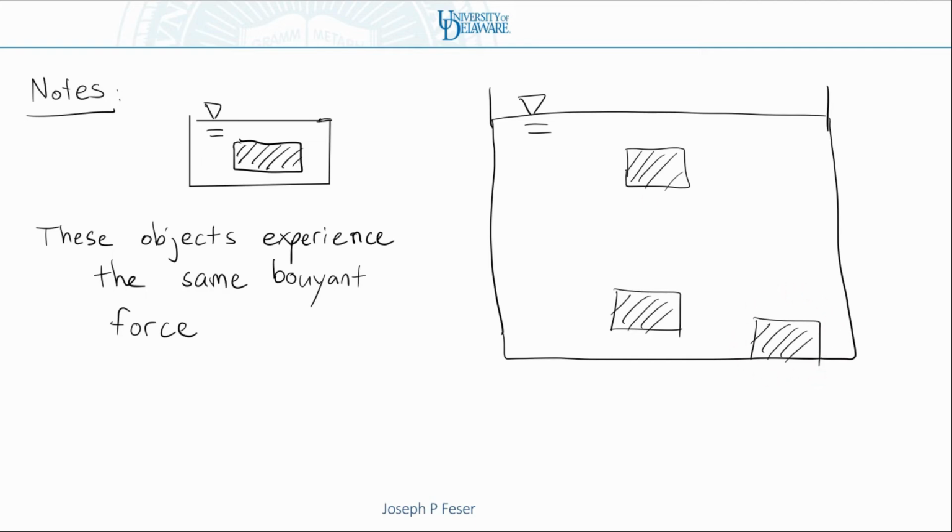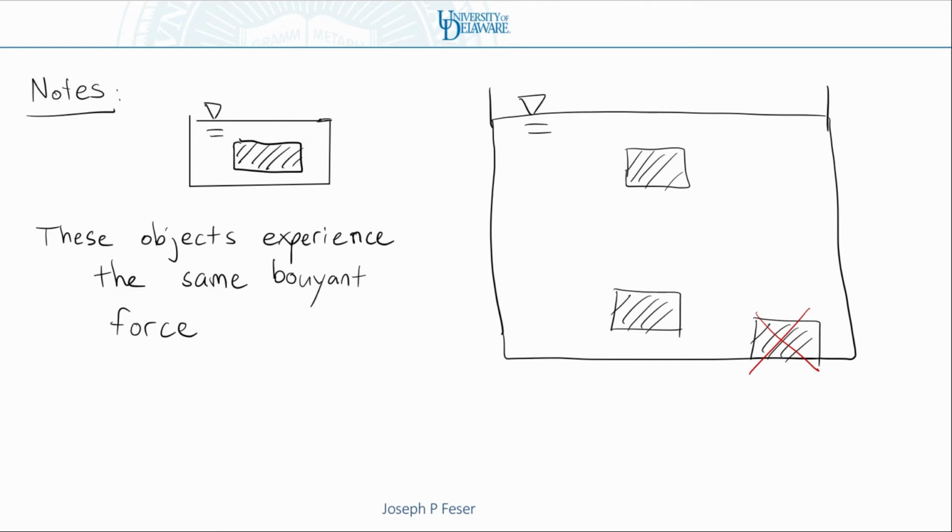Whereas these objects all have a bottom side where fluid pressure can be exerted from the bottom, this one doesn't. And so it turns out that this object does not have the same buoyant force as the other ones. It's basically because there's no way for pressure to come up from the bottom.